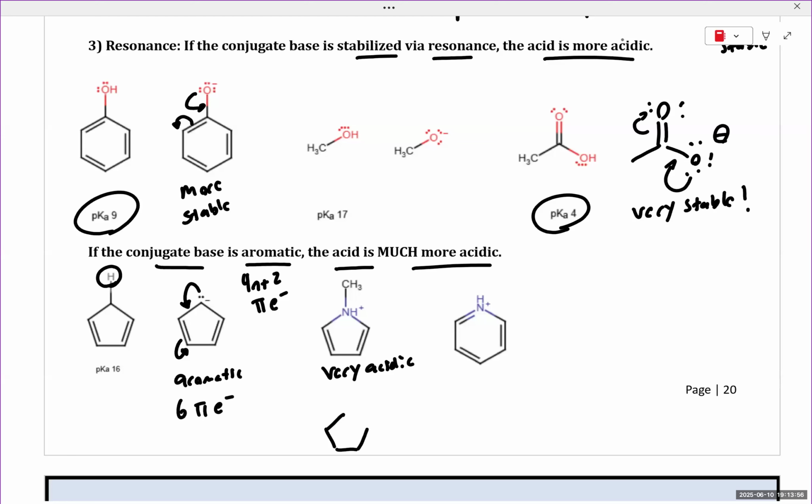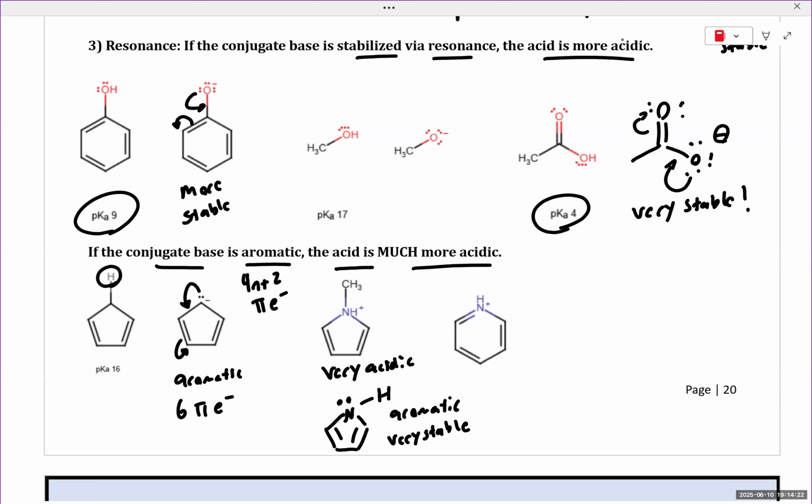If we look at the conjugate base of this protonated pyrrole species, it is pyrrole, which is aromatic. This is a very stable conjugate base, and this explains why the parent acid of this pyrrolium ion is so acidic.